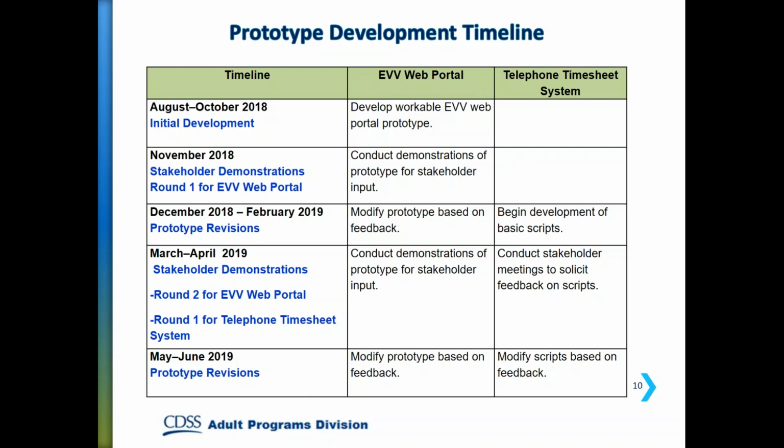It was a combination of multiple ways of doing outreach and training, including in-person trainings, webinars, webcasts through YouTube, and mailers and handouts and flyers. So it's a variety of different ways to try and ensure that people are trained and have what they need in order to use the electronic visit verification systems once they're ready.